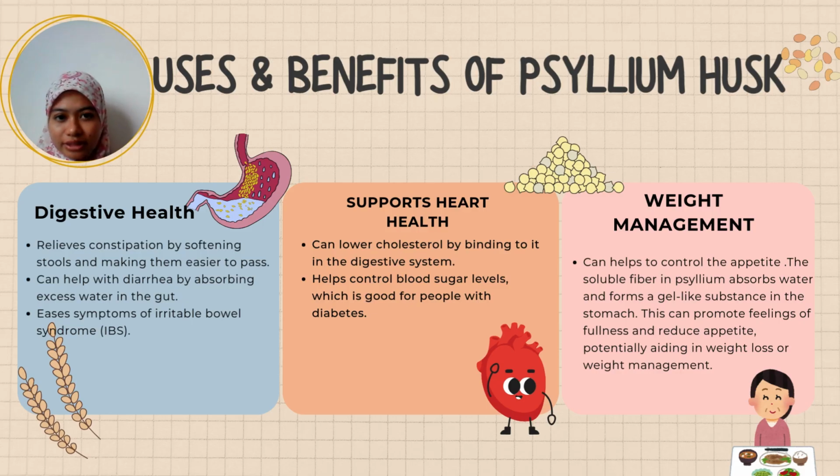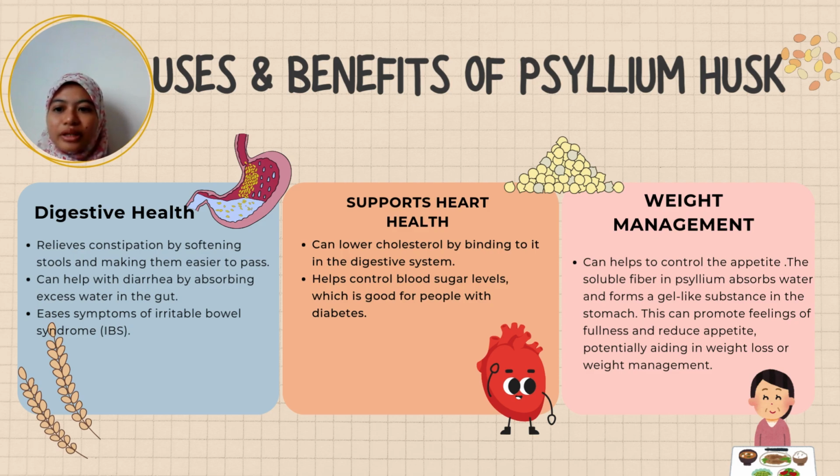people with diabetes. The third use and benefit of Psyllium Husk is that it can help manage our weight. It is because the soluble fiber in Psyllium Husk absorbs water and forms a gel-like substance in the stomach.